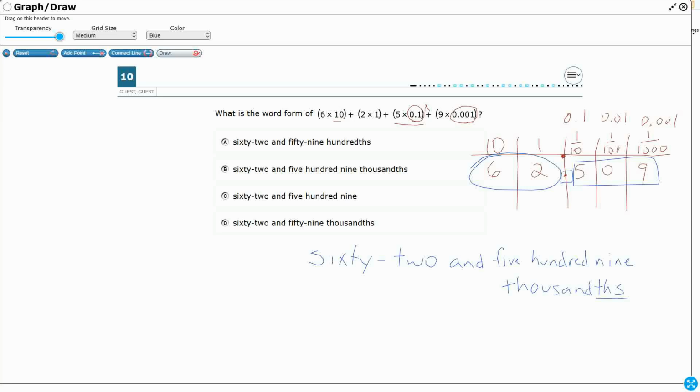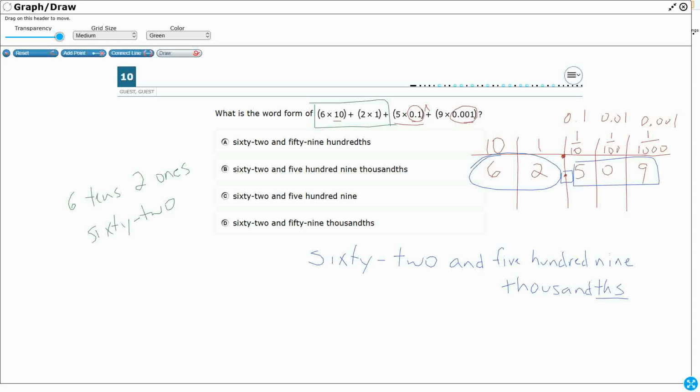Now, there's another way that we could have done this, and you might have done it this way as well. You might have gone straight from the expanded form into the word form, and all you had to do was just make a break, right? You could have done 6 tens, 2 ones, and in your mind known that was 62.